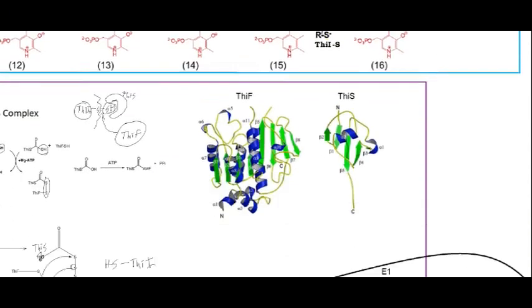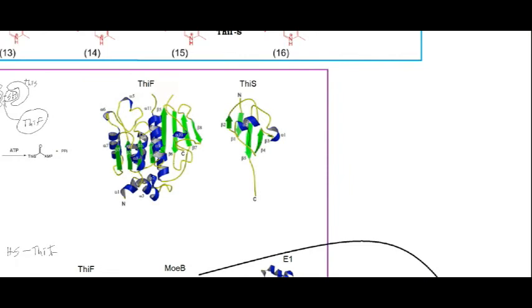So yeah, anyway, that is the ISCS. So we looked at the ISCS, the THII, THIF, THIS. And so, as we said, the ISCS extracted that sulfur, then handed it off to THII, which then handed off to THIS, and then this bound to the THIF.